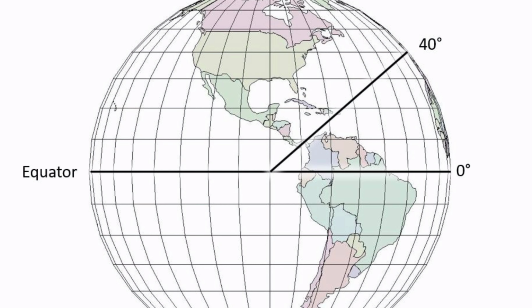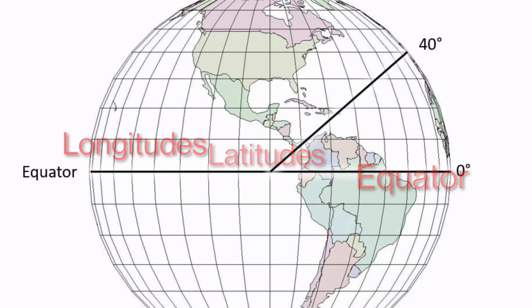A latitude is the angular distance of a point on the earth's surface measured in degrees from an imaginary line named equator, which lies midway between the poles. These lines are termed as latitudes and longitudes respectively.